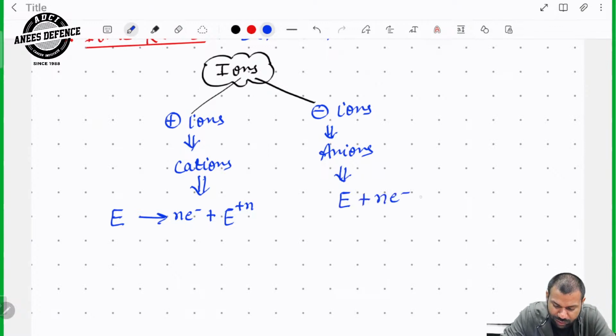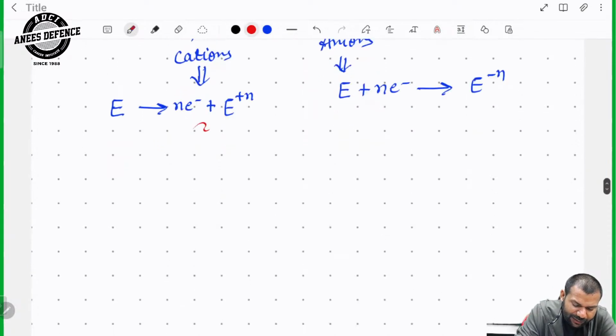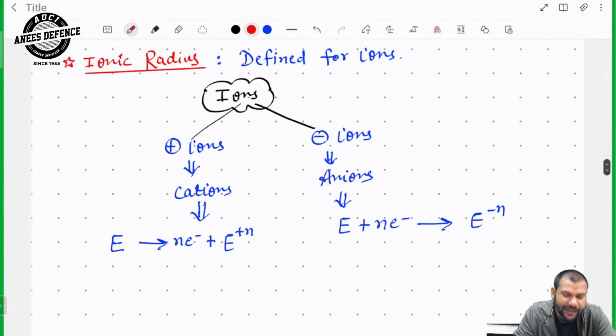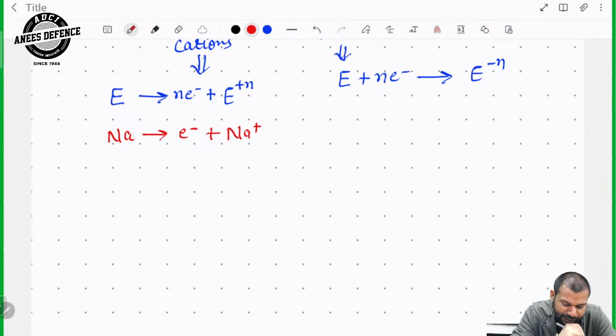Let's say it accepts an electron, and we will have E with minus n charge. Then we call it an anion, right? So the atomic radius of a positive ion will be its ionic radius. For example, let's say we have a sodium atom, and the sodium atom loses one electron and becomes Na plus. On the other side, we have chlorine Cl, and it accepts one electron and becomes Cl minus.